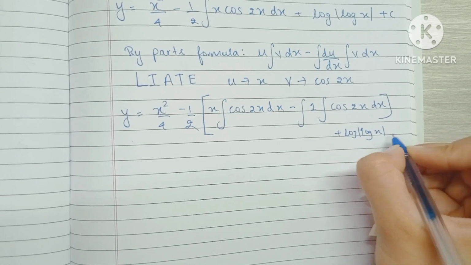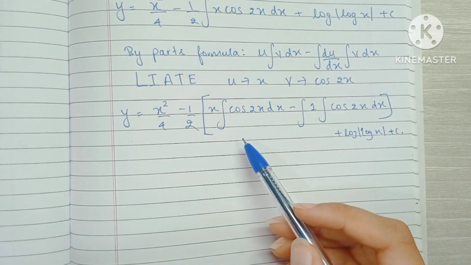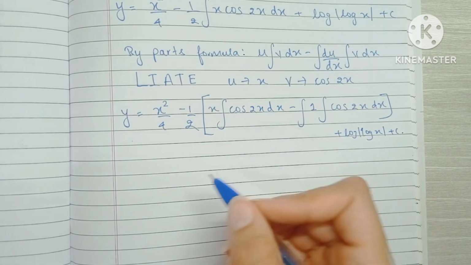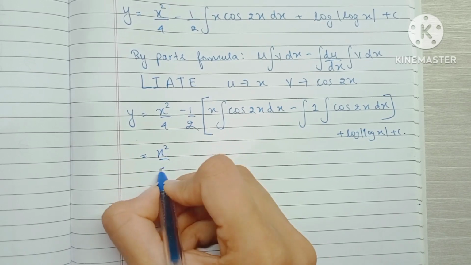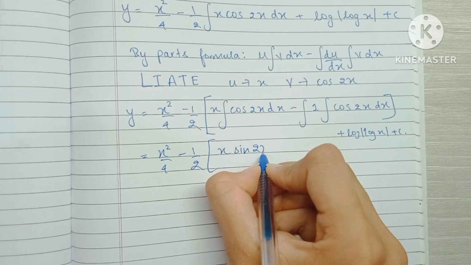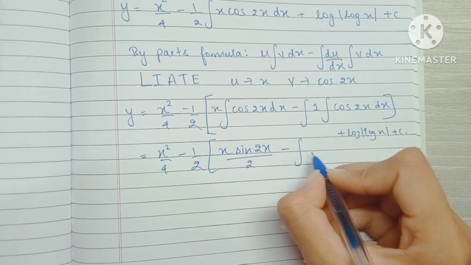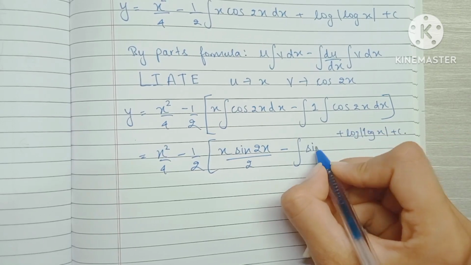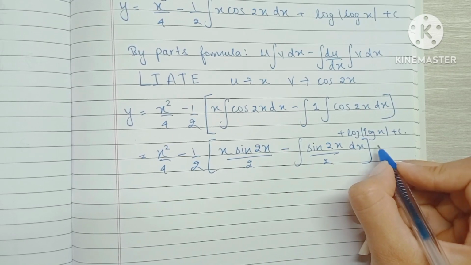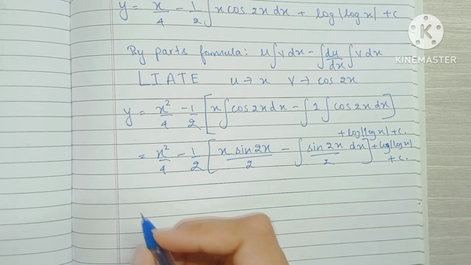Okay, so the integration of cos is sine, and we have the coefficient of x, which is 2. So that also is going to come in our denominator. So this becomes x sine 2x upon 2 minus, so the integration of, again the same thing, sine 2x upon 2, and plus log of x plus c.